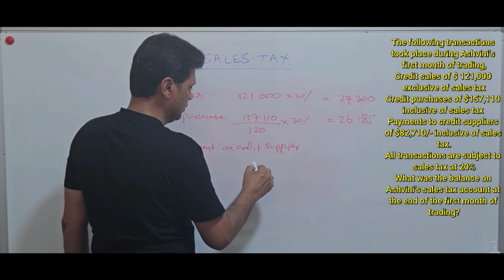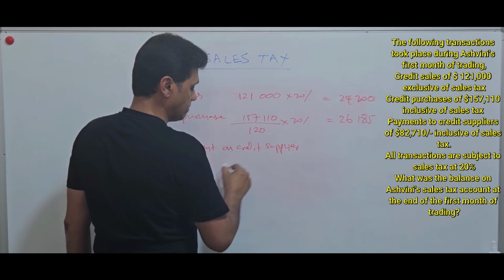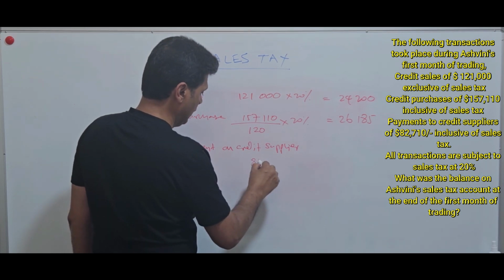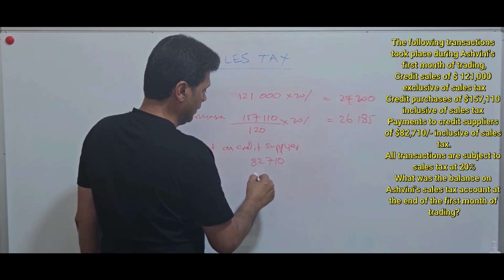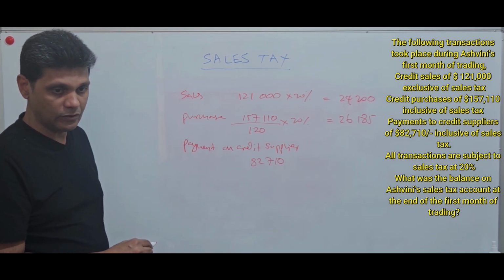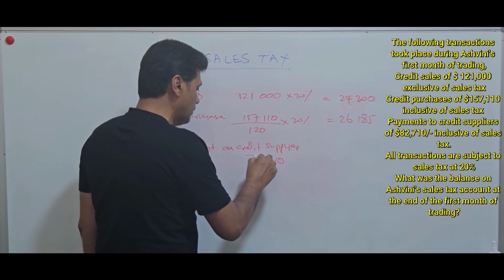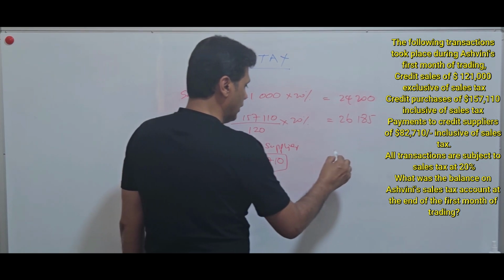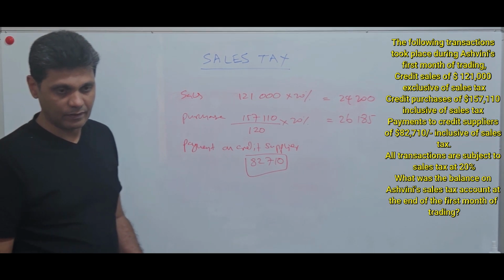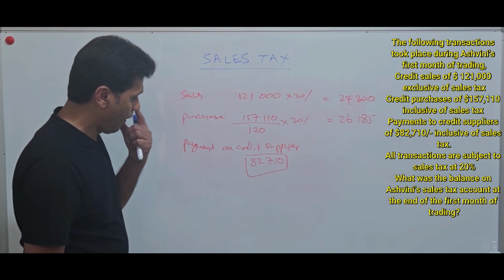How much? 82,710. Including tax or excluding tax? Inclusive of tax. So, do you consider this in your tax computation? Why?